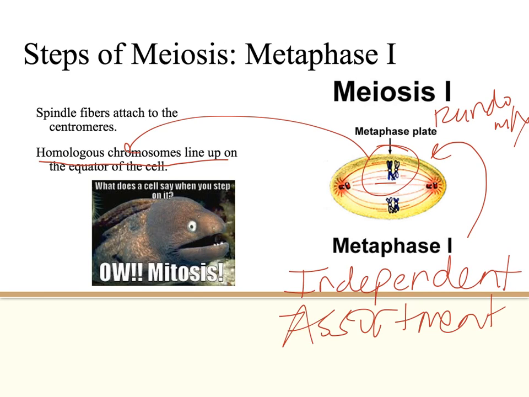Okay, so you'll notice that the colors are a little bit different. We have a blue and a white and a blue and a white. So these actually swapped positions, and they will go to that side of the cell and that side of the cell and eventually begin in anaphase and telophase to separate into those cells. So independent assortment is a big thing to know, which means they basically line up randomly on that metaphase plate and allow for a little bit more genetic variation.